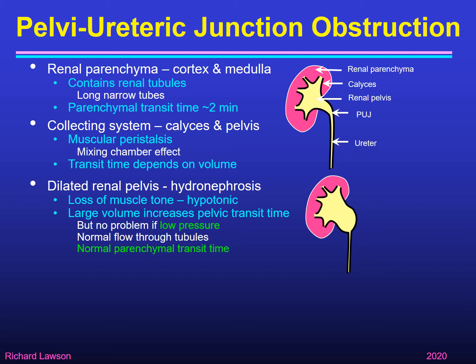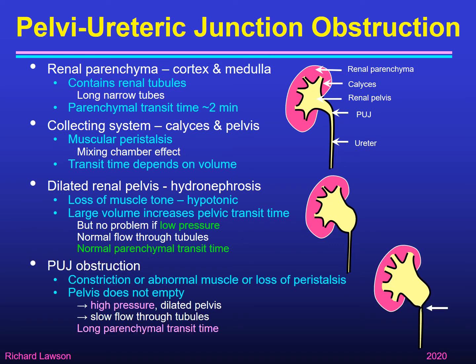They're hypotonic, meaning that they're more relaxed than normal, and so we end up with a large volume pelvis, and that volume being larger will increase the time it takes for a molecule to get through, and so it increases the pelvic transit time. Now that's not a problem as long as it's a low pressure, because it won't affect the renal tubules in the parenchyma, so we get a normal parenchymal transit time.